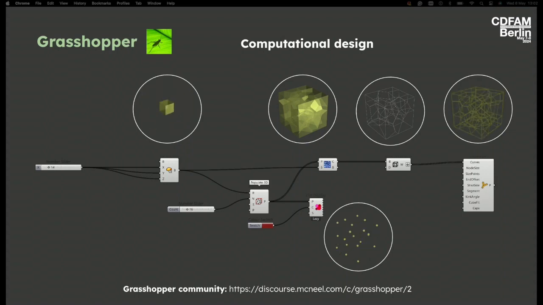And it also allows you to make changes in your model's history that then affect the final outcome without having to remodel. So you can see here, you can go back and change the size of the box. You can change the number of points inside of that box, and then this affects the Voronoi and then the edges. And then you can also create a SubD fattened kind of structure from that.